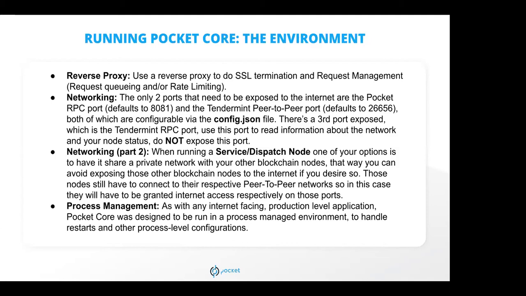We didn't include any SSL termination module in Pocket Core because it was our understanding that if people run it with a reverse proxy, it's going to be a way more battle tested implementation to do the SSL termination that way, rather than us trying to reinvent the wheel and provide some sort of SSL termination within the client itself.